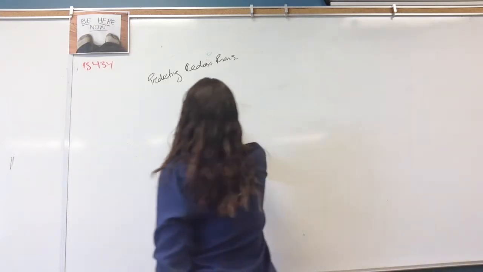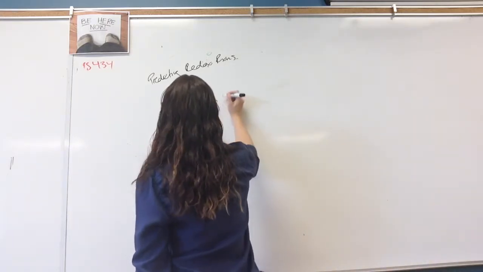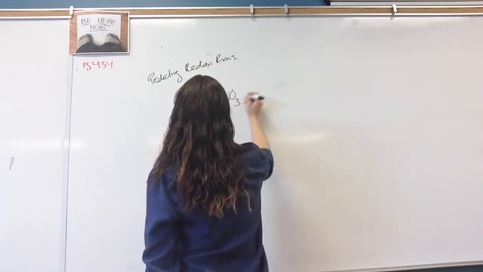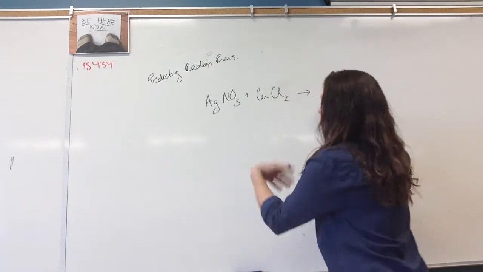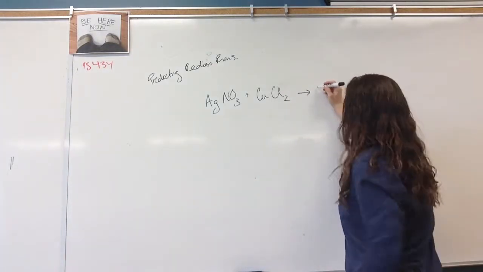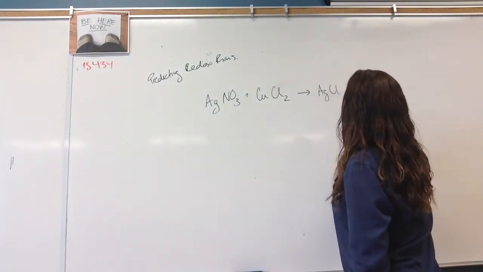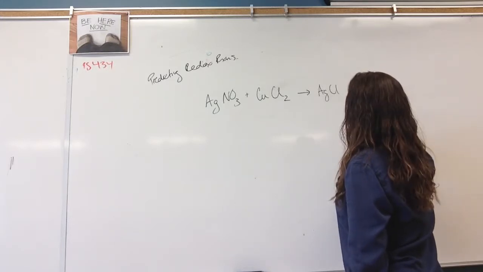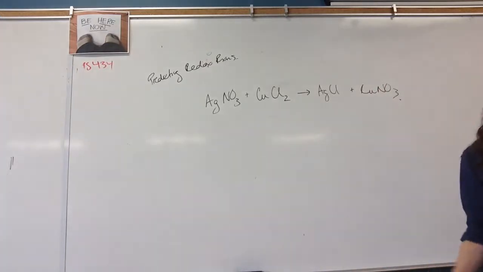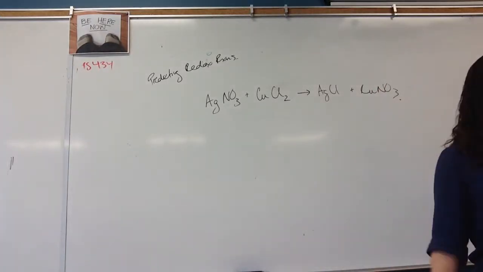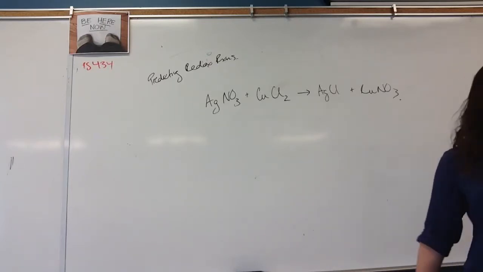So has a double replacement reaction like this, this is a made-up question because it doesn't work. AgCl and CuNO3. Is this a redox reaction? Very fast, without doing your oxidation numbers, because that's going to take you too long.